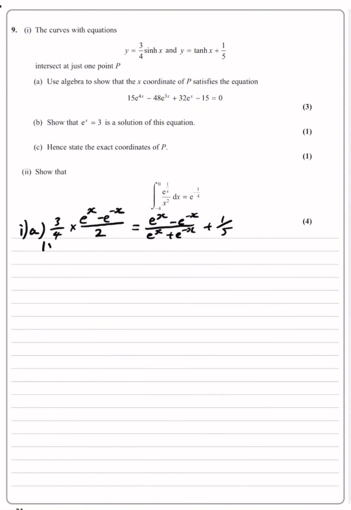To tidy this up, the first thing I'm going to do is try and get rid of the fractions. So I've multiplied everything by 40, and that should do enough cancelling. The 3/4 and the half on the left-hand side becomes 15. Then we've got 40 lots of the hyperbolic tan, and 1/5 becomes 8.